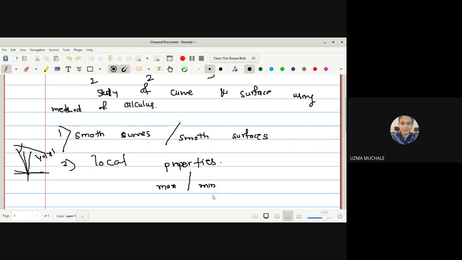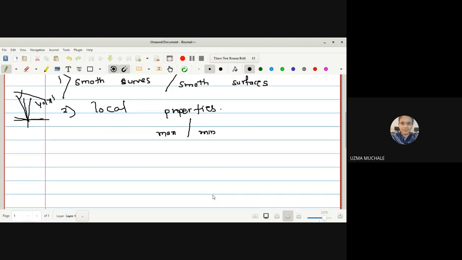In that you have studied local maxima and global maxima. Suppose this is M1, a maximum, M2 is also a maximum, and M3. So M1 and M3 are local ones, but M2 is a global maximum.